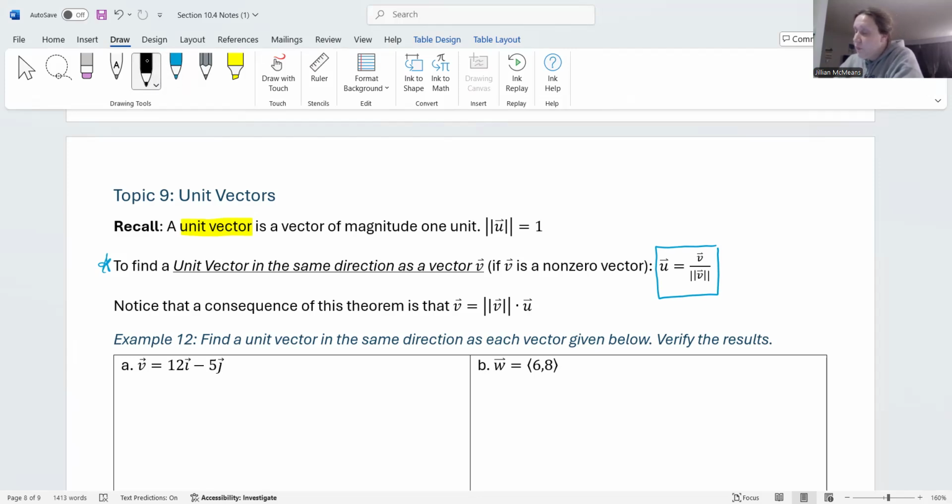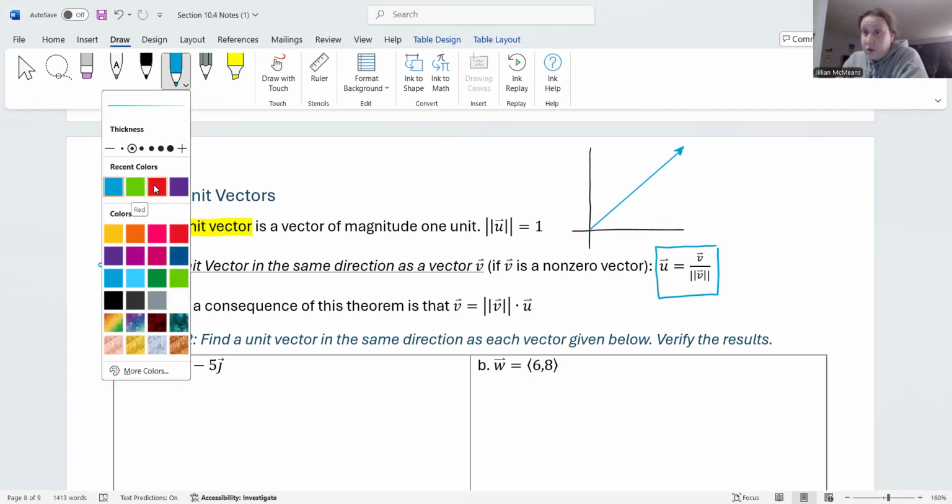Let's say that we have some vector v. We're going to draw it in blue. So we have some vector v. What we're looking for is a unit vector in the same direction. Remember, a unit vector has a magnitude of just 1.